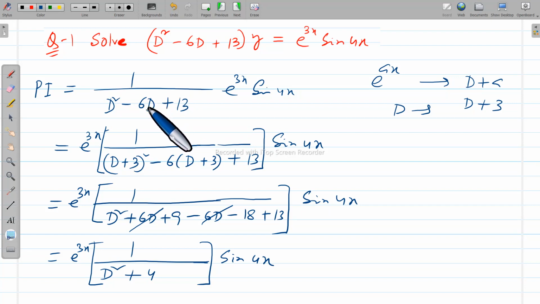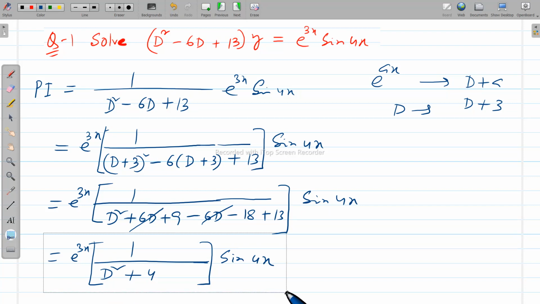Then you rewrite D by D plus a. In this problem, a is equal to 3, so I have replaced all D by D plus 3. Then you open the bracket and simplify. Now you have only a single function, sine 4x.